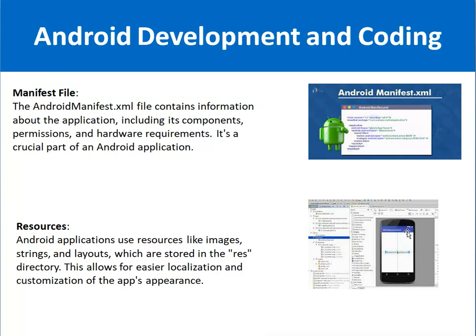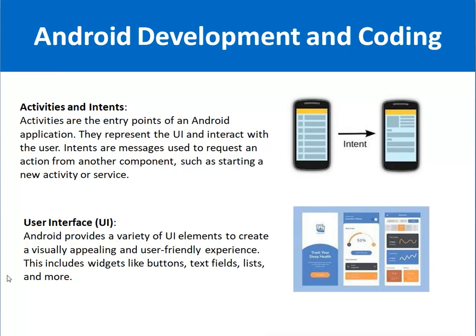For example, the images you use in the Android application are stored in the application itself. That means the application doesn't need to go to any remote server. All those resources like images and strings are already available in the Android application.